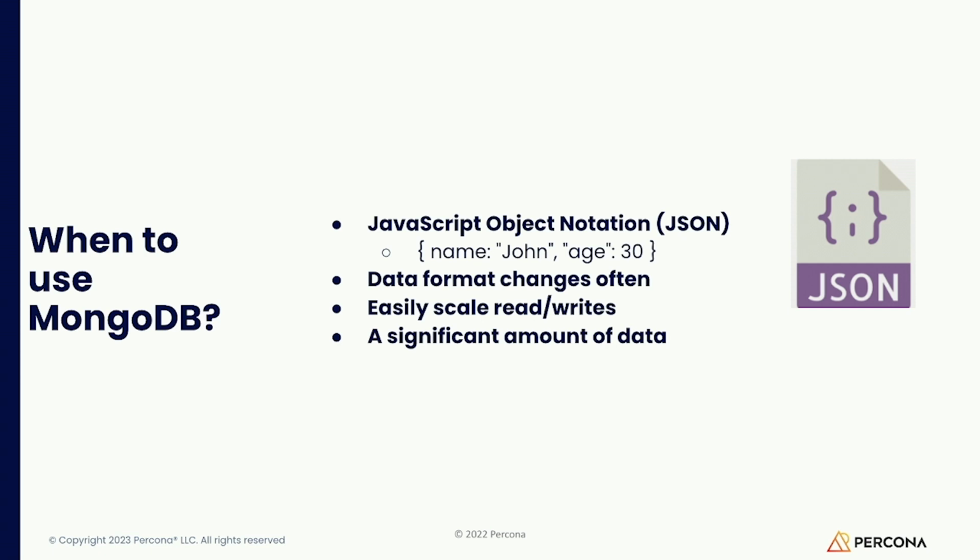And as I said, you have everything you need to scale both reads and writes within the product itself. So you don't need to use any external products for that. Also for sharding, right? If you have a significant amount of data or a high throughput environment, those are also good use cases for MongoDB.